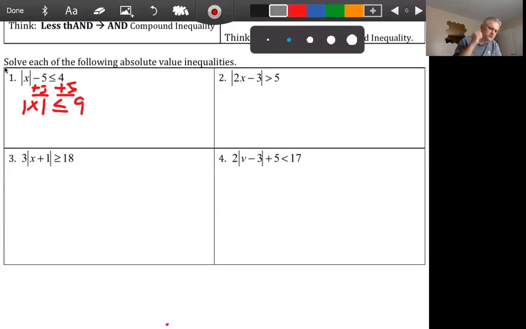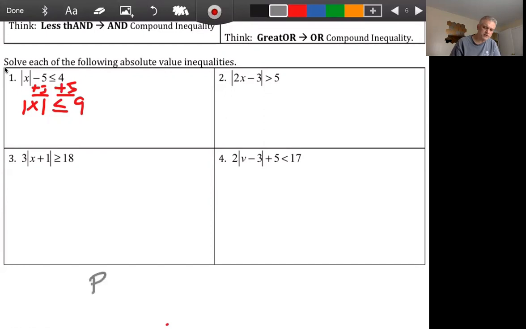Okay, so look, anytime that you have a positive number over here on this side, doesn't matter if it's greater than or less than or equal to, positive, we are always going to split and solve. And then in the end, we're going to ask, is it an and or an or?